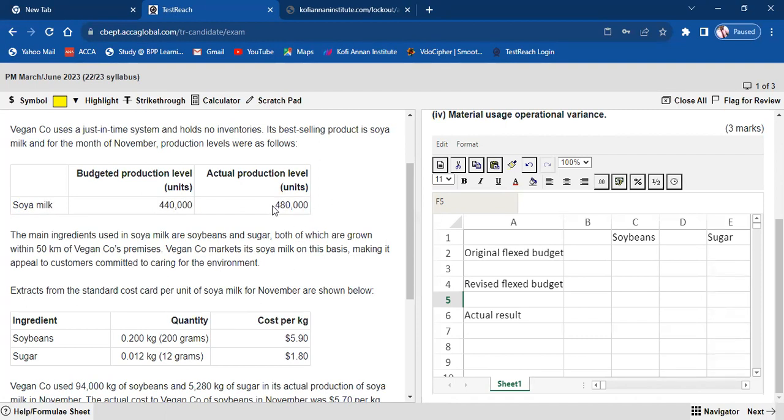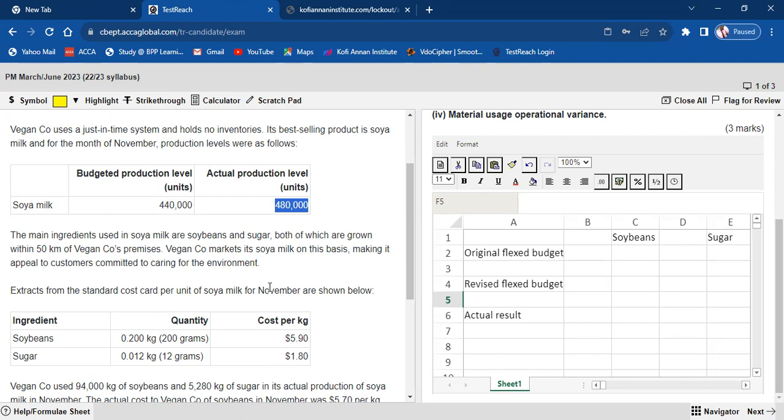Friends, revision point. Multiplying by actual 480,000 units is what we call flex budget. We saw that in Greenwood Co one moment ago. The main ingredients used in soya milk are soybeans and sugar, both of which are grown within 50 kilometers of Vegan Co's premises.